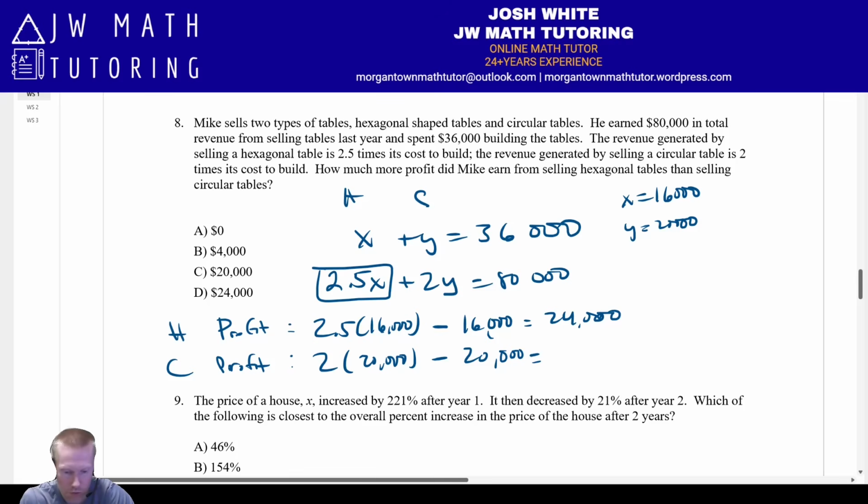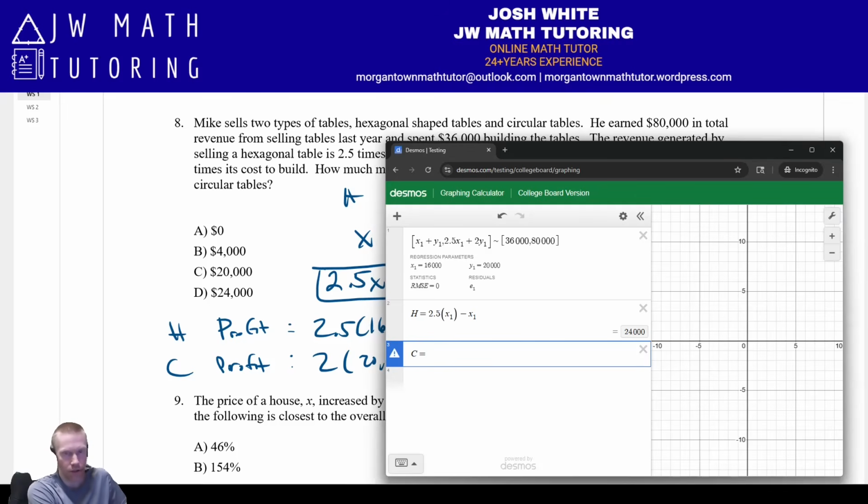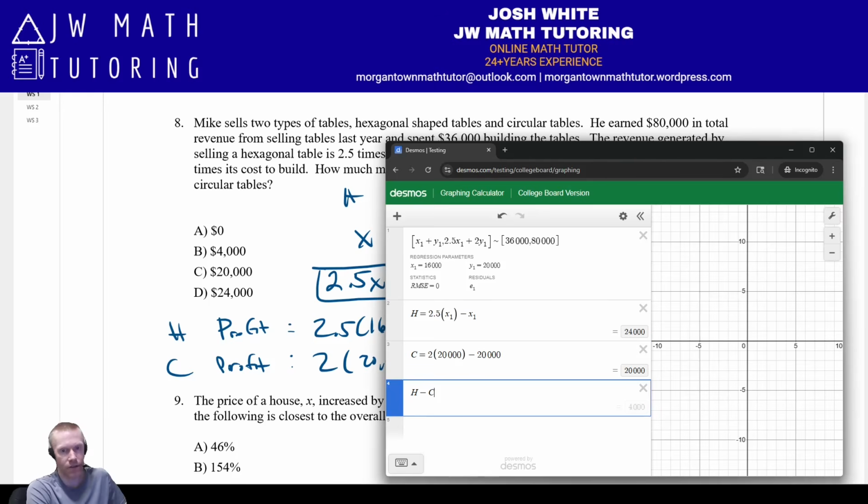So when we do this, it should just be 20,000. Circular is going to be, again, 2 times 20,000 minus 20,000. Yep. So now what's the difference in profit? It's just H minus C. It is $4,000.